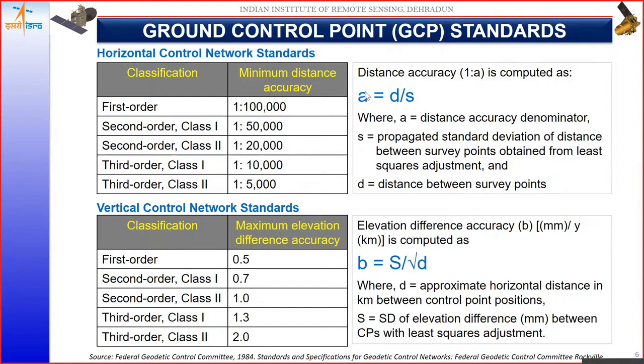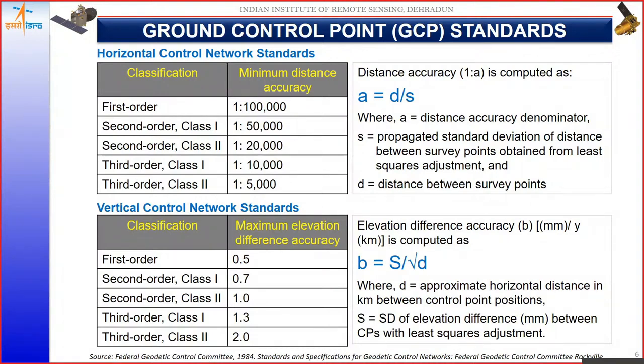In general, there is a mathematical relationship which describes the horizontal accuracy, where A is the denominator and S is the propagated standard deviation, statistically adjusted based on least square adjustment, and D is the distance between the survey points. Similarly, there is a relationship for the vertical points, that means elevation accuracy.